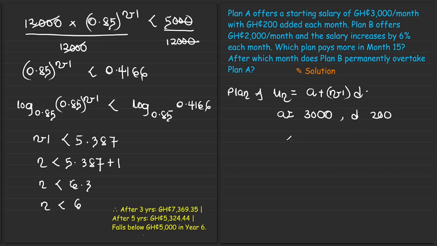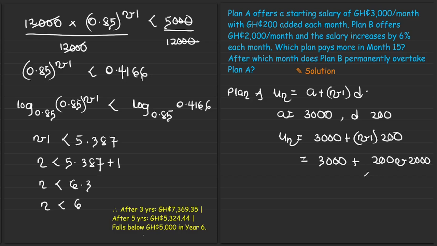So with that, we simply say our Un, the general term, is 3,000 plus n minus 1 times d, which is 200, which can be simplified as 3,000 plus 200n minus 200. We have to simplify further.